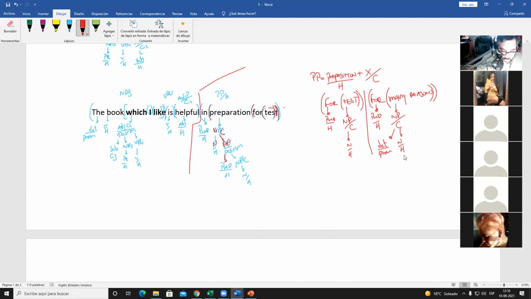Si te das cuenta, lo que hace la preposición, en verdad, une su complemento al resto de la oración. Su complemento es, en este caso, una noun phrase, como en preparation for test. Tú te vas a preguntar, profe, pero dice preparation for test, es terrible grande.